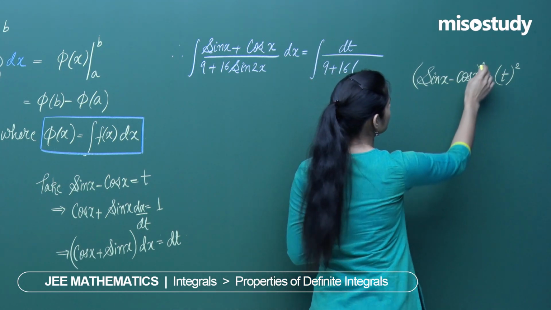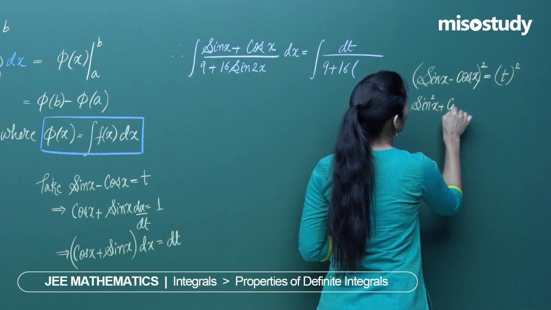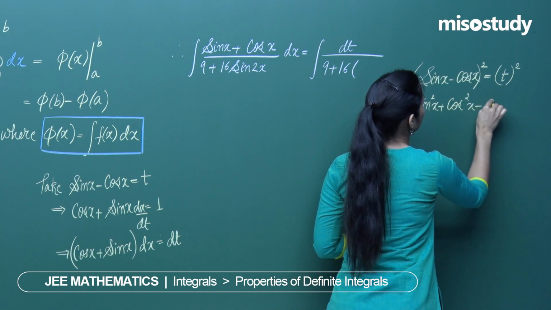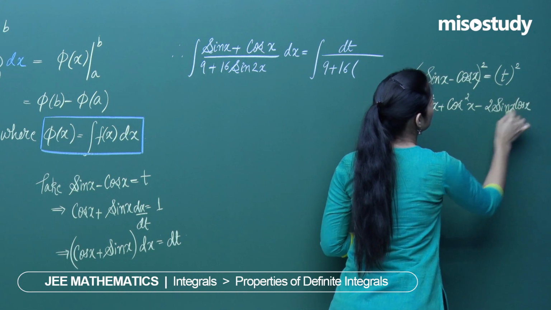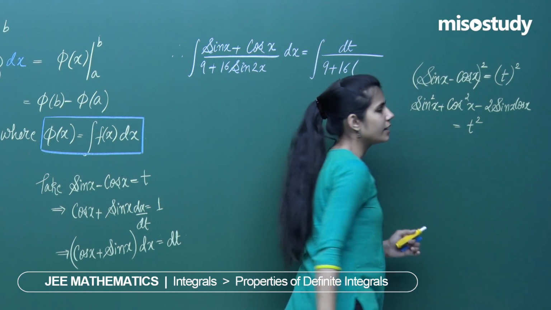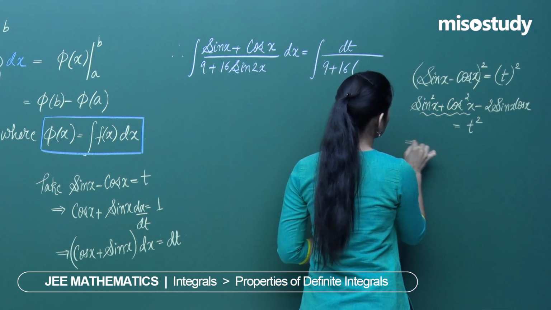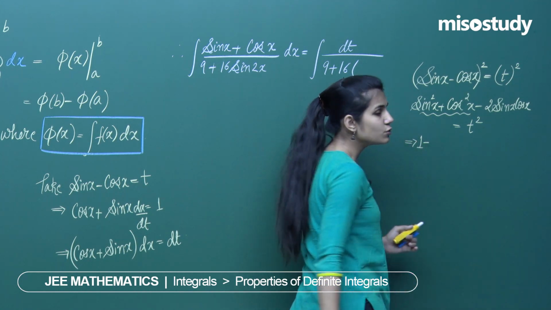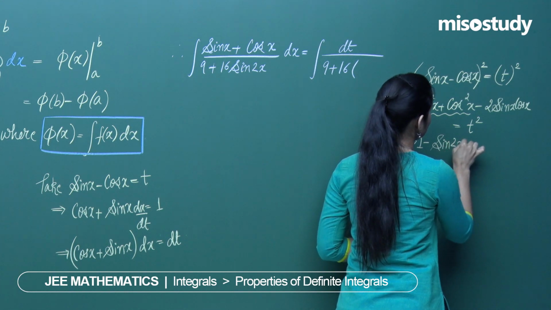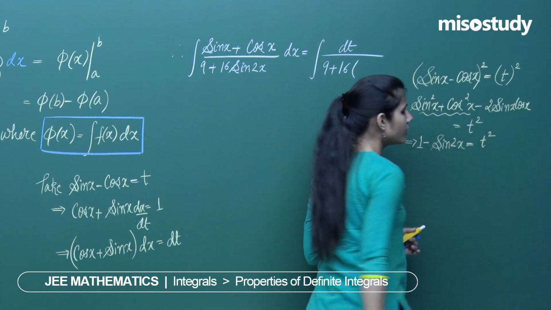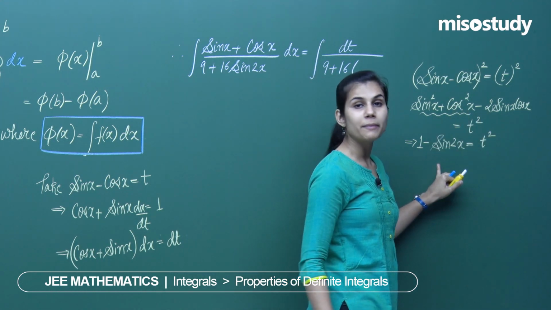(Sin x minus cos x) whole square is sin square x plus cos square x minus 2 sin x cos x equals t square. Sin square x plus cos square x is 1. You get 1 minus 2 sin x cos x, which is sin 2x, equals t square. And therefore, sin 2x comes out to be equal to 1 minus t square.